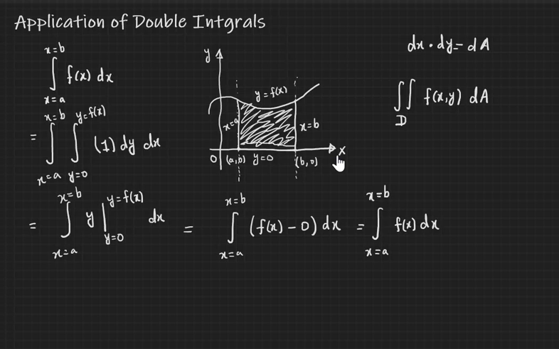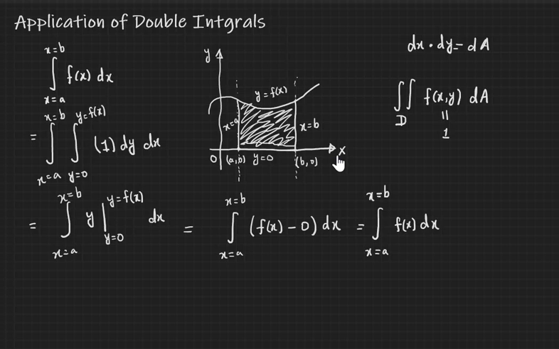Now if we take this f of x y equal to 1, then this double integral will give us the area of this region D. That can be anything. We have already studied three types of these double integrals.